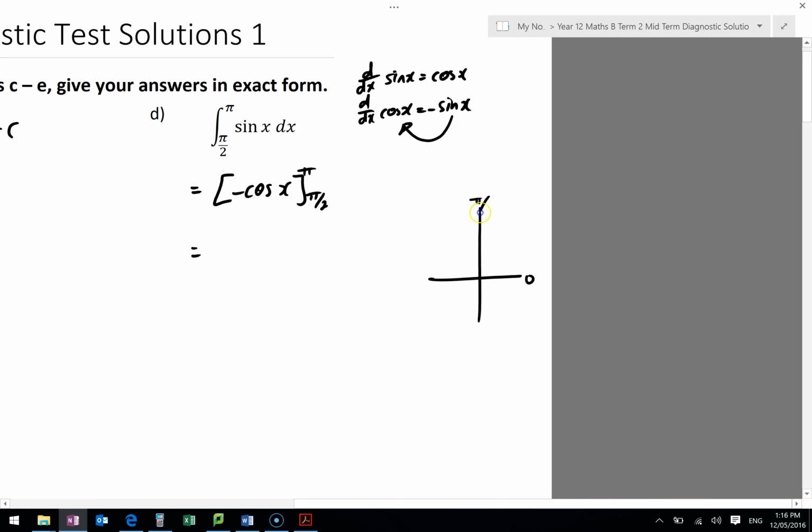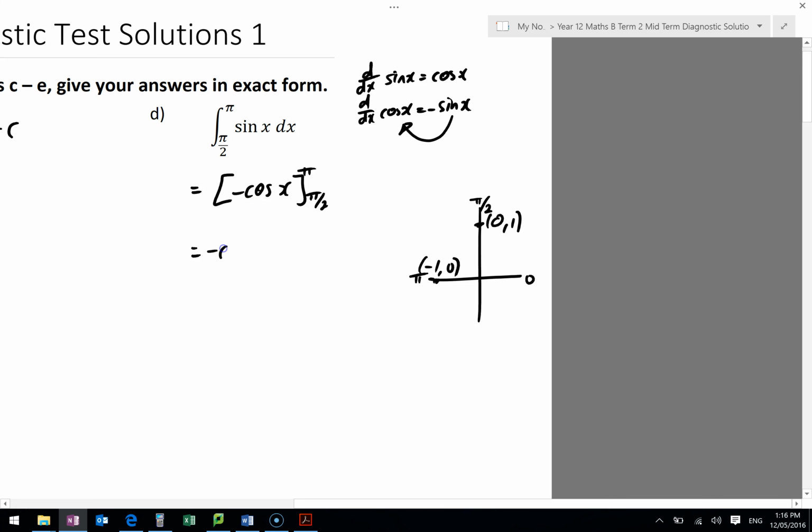Okay, 0, pi on 2, pi. Okay, cosine is the x-coordinate, so the coordinates of this point, 1, 0, coordinates of this point, correction, that's 0, 1. This point is minus 1, 0.